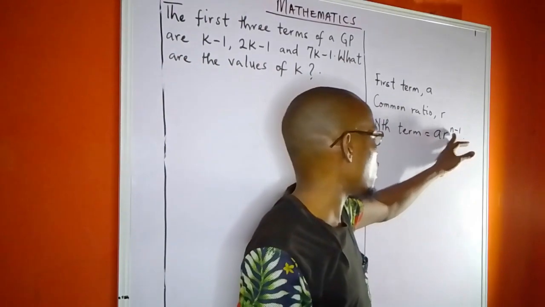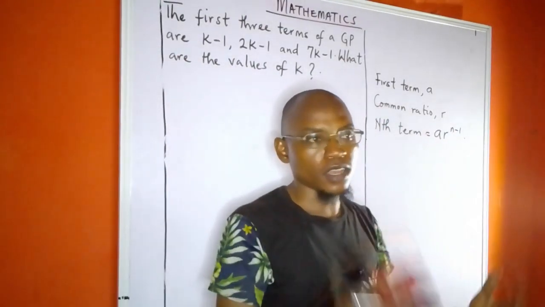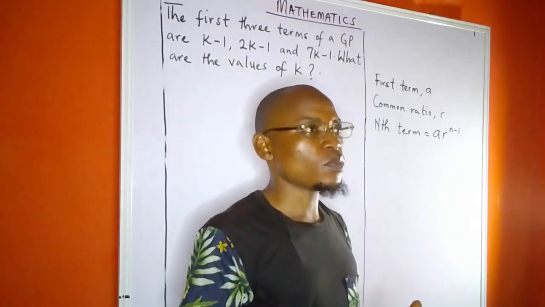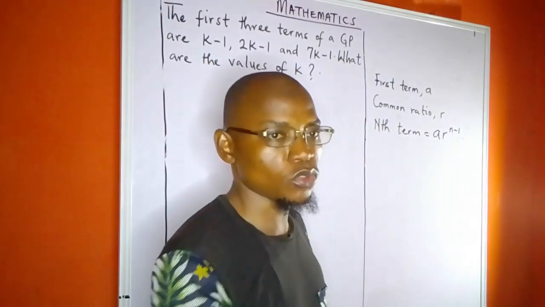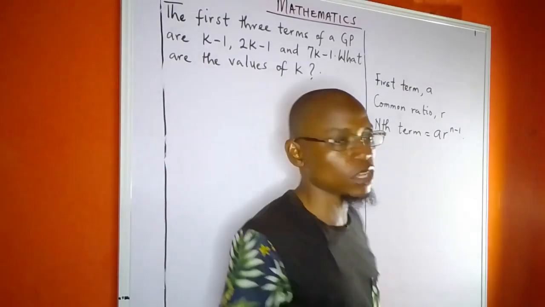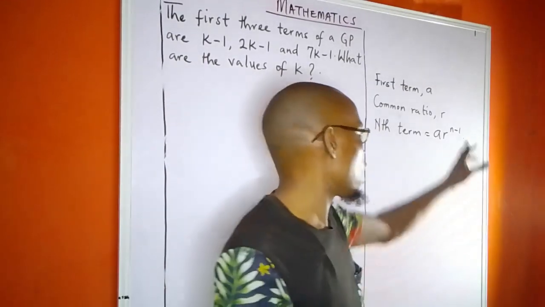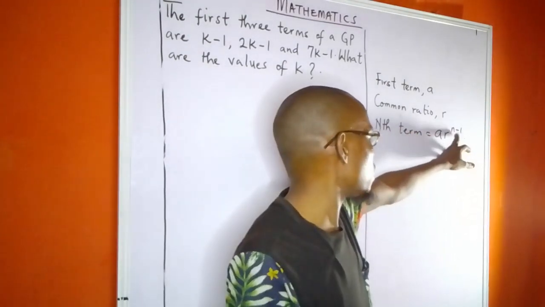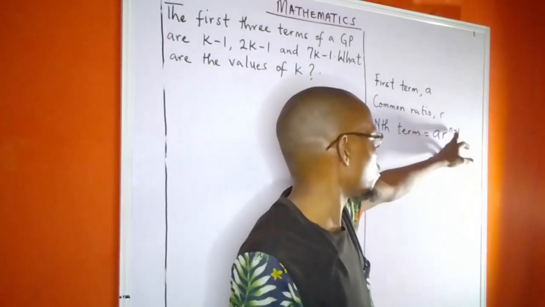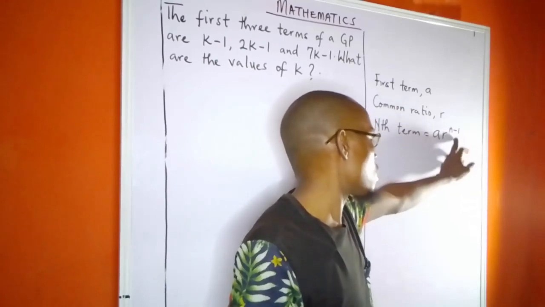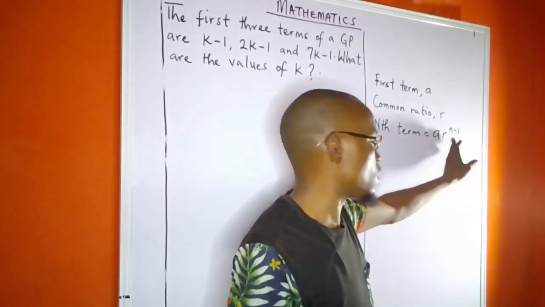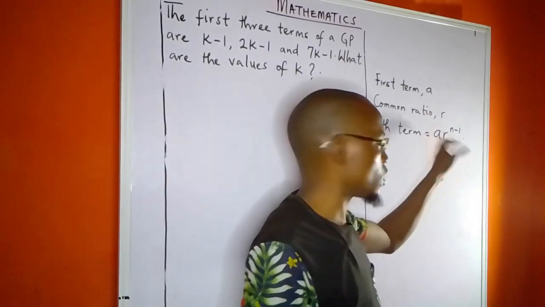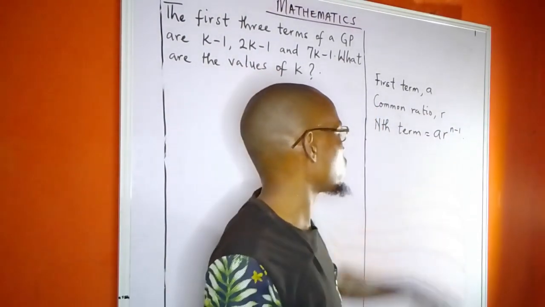The n represents the consecutive values you want to deal with. If you are looking for the second term, n is 2. Just put the value of n, subtract 1 for the power, and given the values of the common ratio and the first term, you get the nth term.